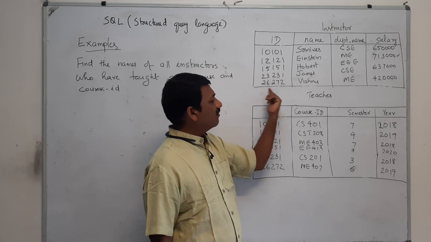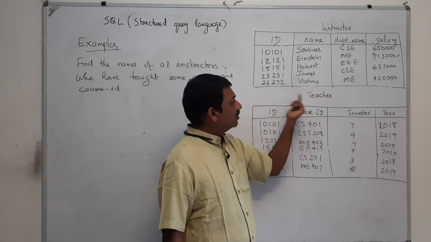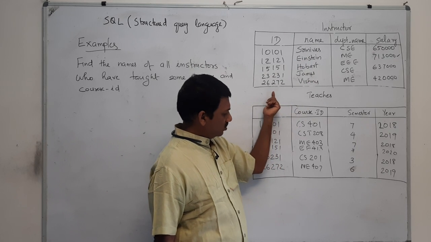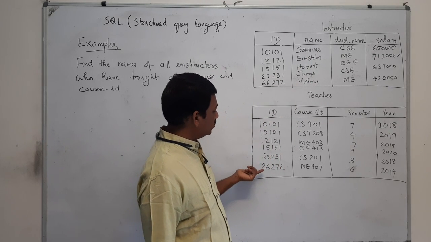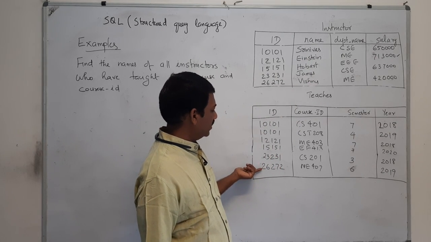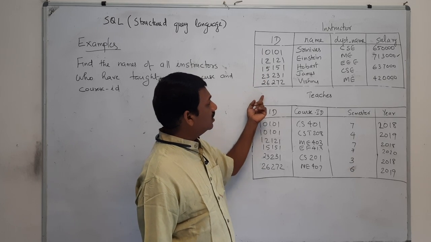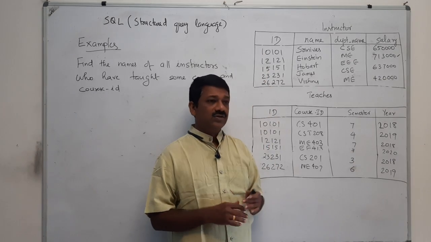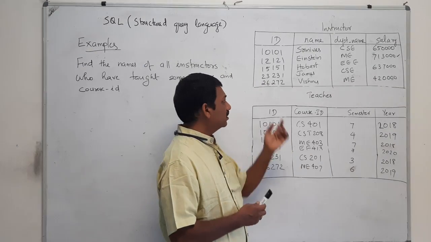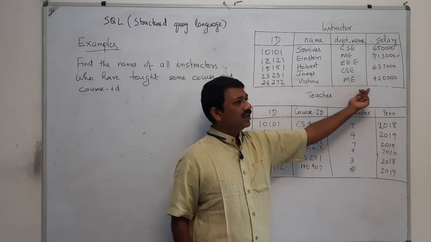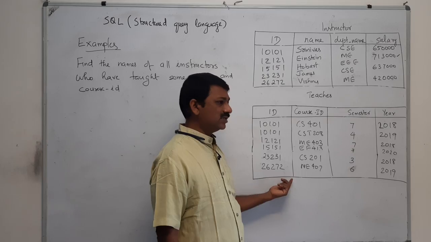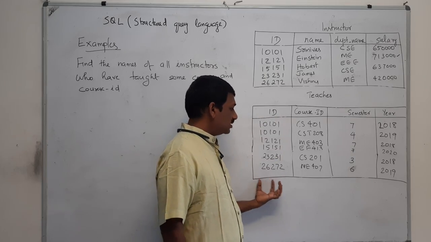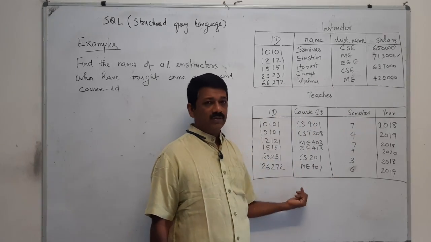Suppose that you have another instructor who joined and he does not have an entry here. Here all the instructors have entries, but suppose an instructor who just joined is not taking any subjects, then his entry will not be there in this teachers table.